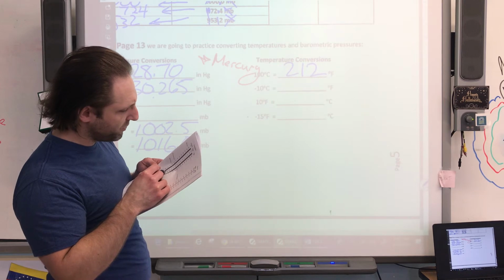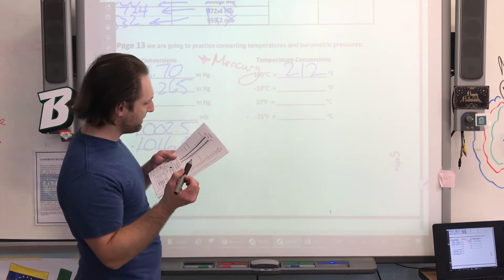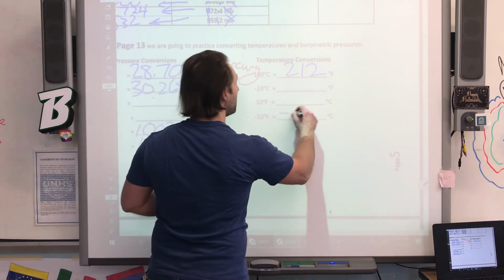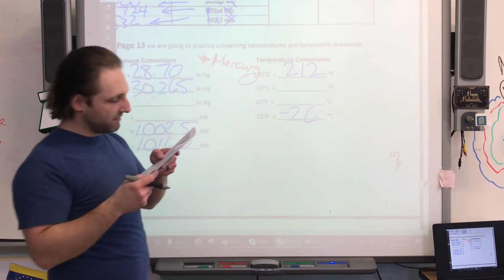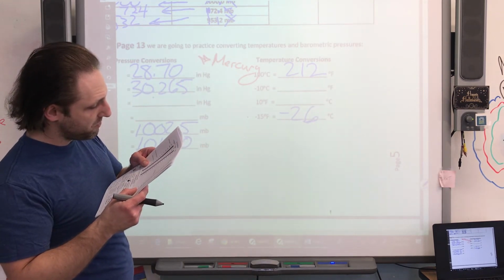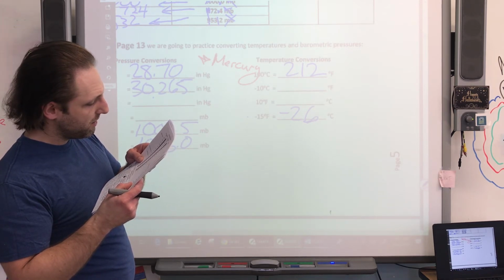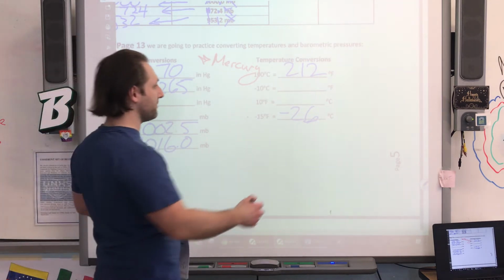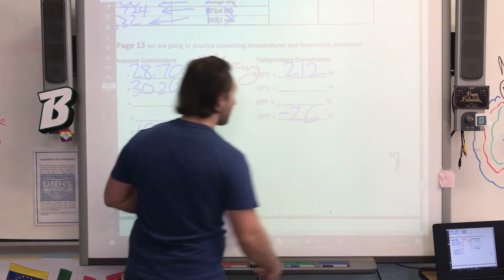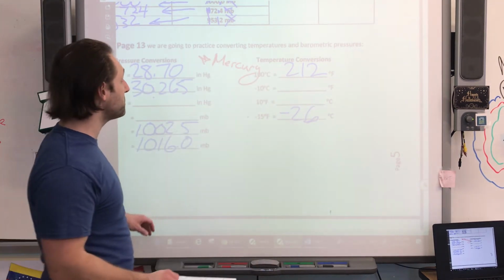The closest value is probably going to be negative 26. Negative 26 Celsius, but it's kind of close also to negative 26 is good enough. So negative 26 Celsius. All right, I'll leave these two open-ended for you as well.